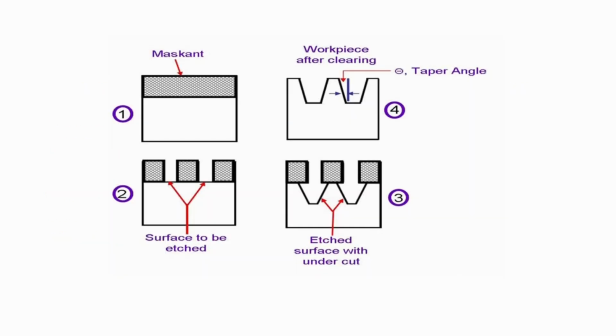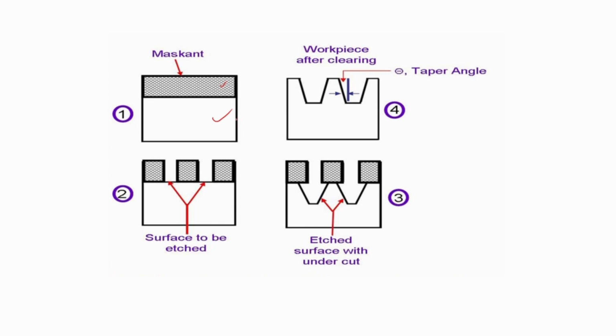So this is the schematic view of the chemical machining process. Here this is the workpiece. On this workpiece, this chemically resistant material, the maskant, is deposited as a layer on the workpiece surface.